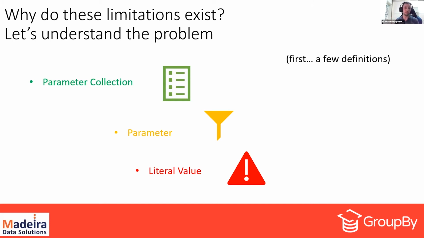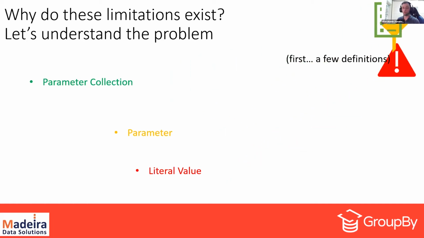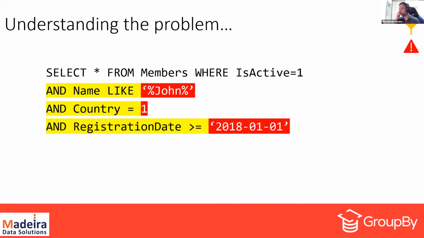For example, in the previous examples, the stored procedure itself is a parameter collection, a parameter set, okay? So let's remember those terms, save them here at the side, and then see a few examples.